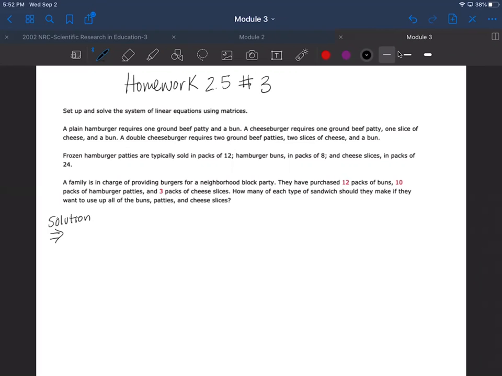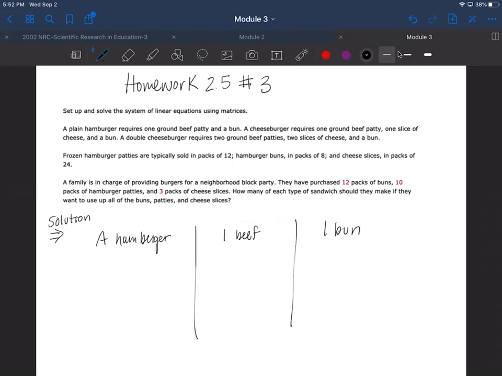First things first. Within just the first paragraph, I noticed that for a hamburger, I can have one beef patty and one bun.